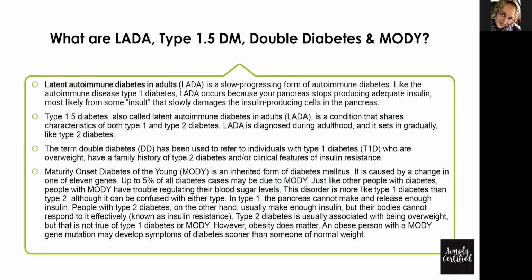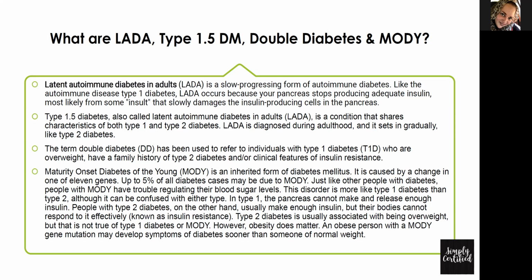With type 2, it's true, people are usually overweight. Most of the time they're obese. But with type 1 and with MODY, that's usually not true. People are usually normal weight or sometimes even underweight. But for someone with MODY, obesity really does matter.